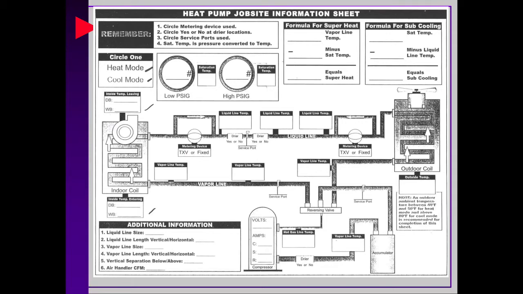Notice how the terminology they're using is indoor coil, outdoor coil. We're identifying the pressures and the reversing valve, and they're identifying a lot of the details and allowing you to go in and take these temps: liquid line temp here, liquid line temp here, before and after the filter dryer.